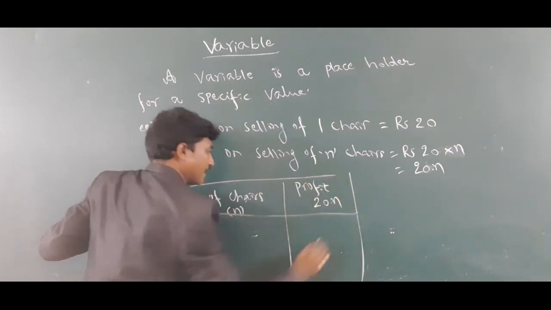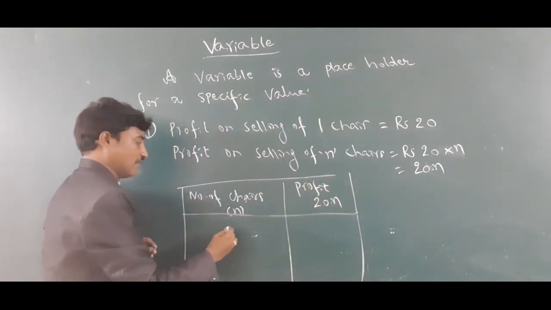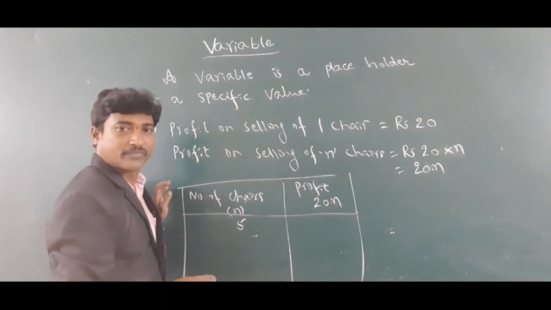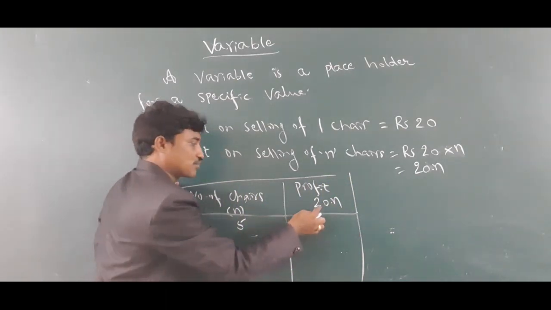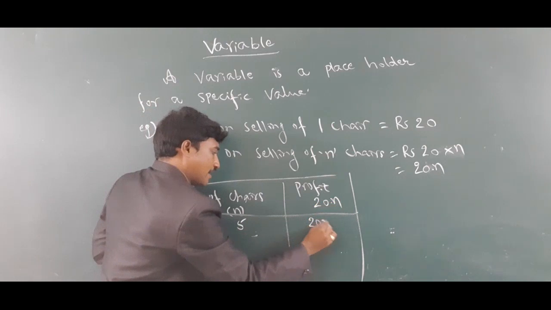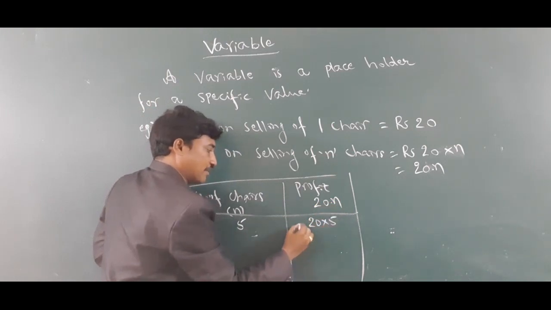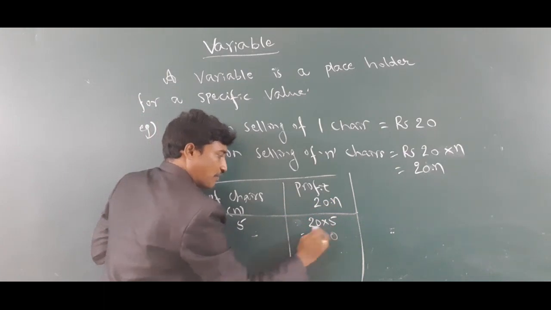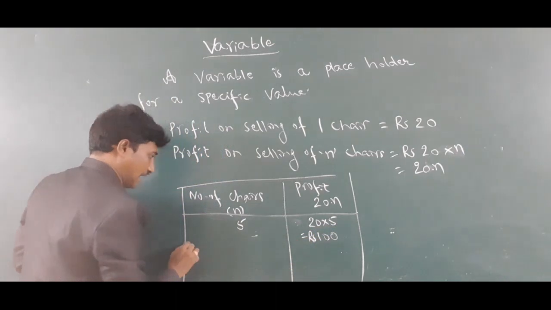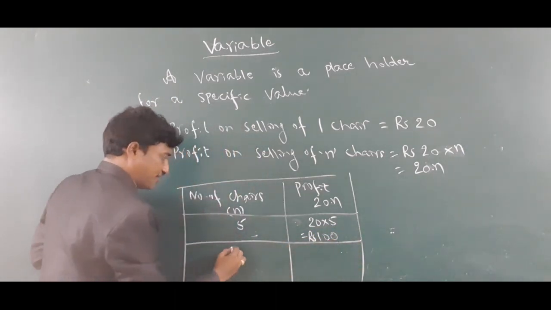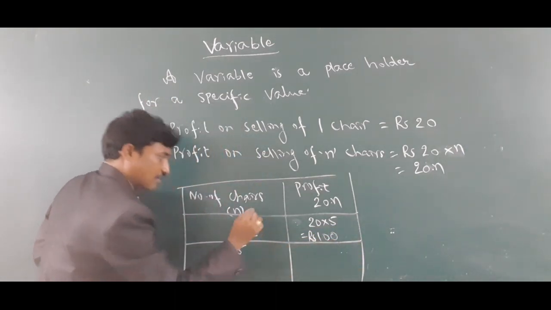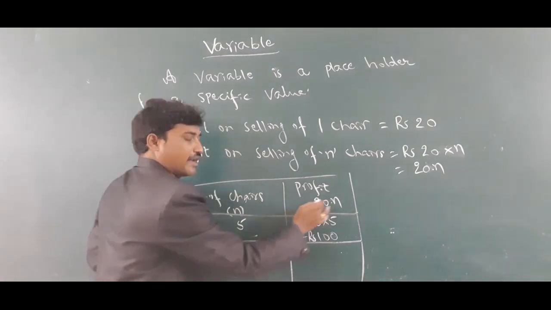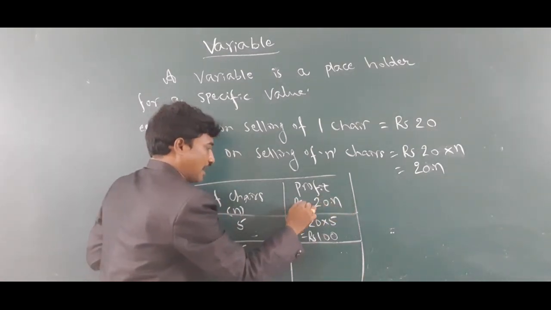On a particular day, if we sell 5 chairs, then profit on 5 chairs is 20 into n, 20 into 5, that is 100 rupees. If we sell 15 chairs, then the profit is 20 into n rupees, 20n.